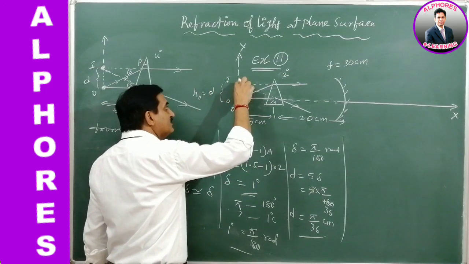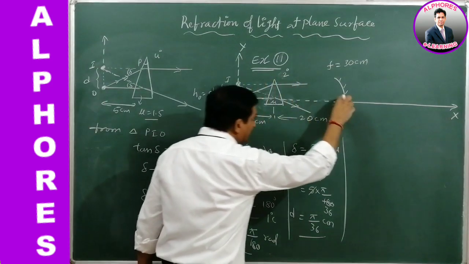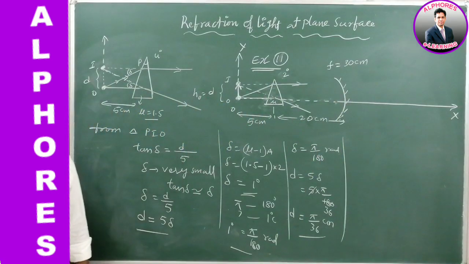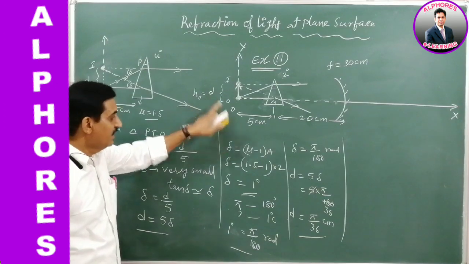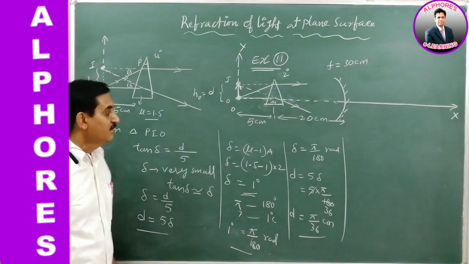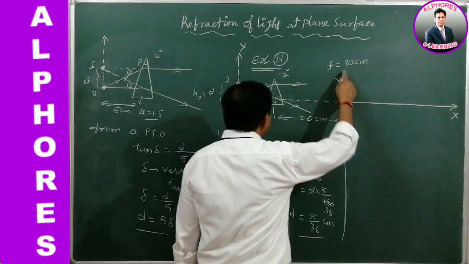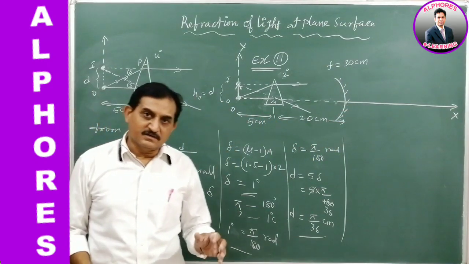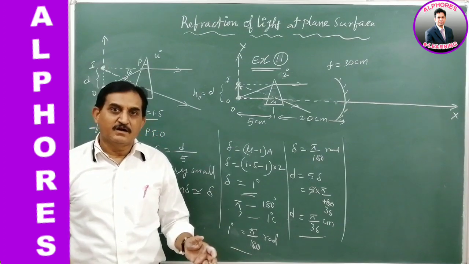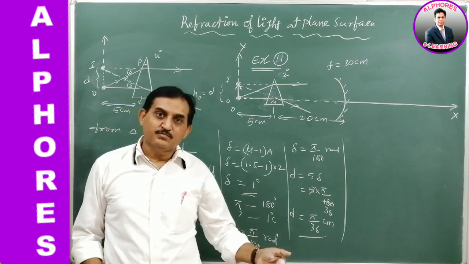This serves as an object to this concave mirror. Okay. Now in this case, this is the object height D, already calculated.